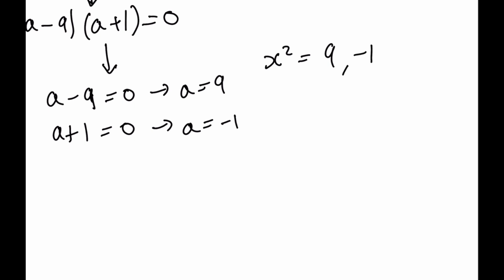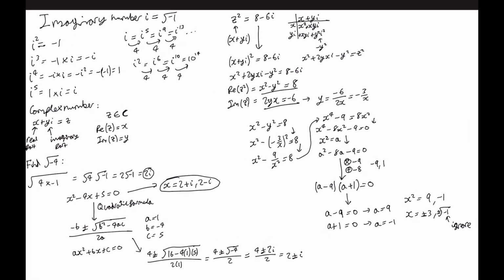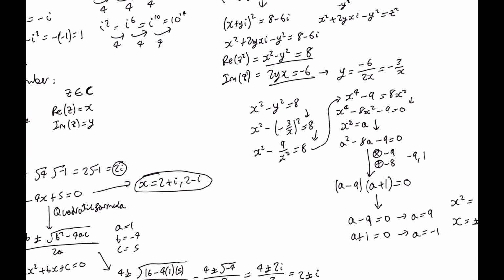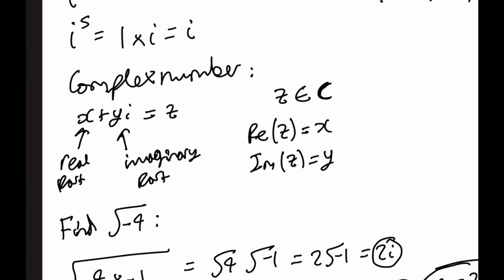If we square root both, we'll get x is equal to plus minus 3 and plus minus the square root of minus 1, which is an imaginary number, which for this case we can just ignore, because remember, x and y in the complex number form have to be real numbers.